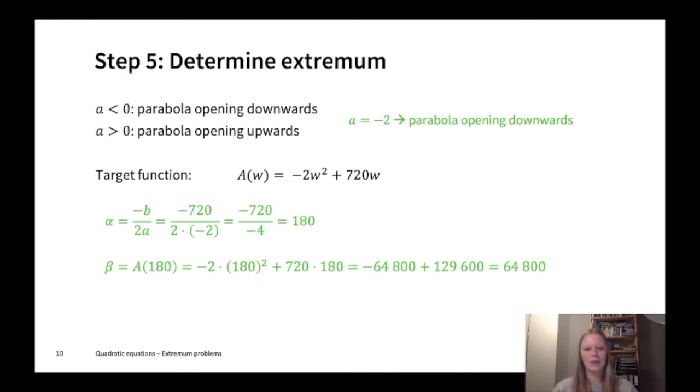And then we find that this is 64,800. Now what have we found? We found that alpha is 180, so alpha is our x value. So in this case, this is the width of the field, so W, the width, and beta is the maximum area.